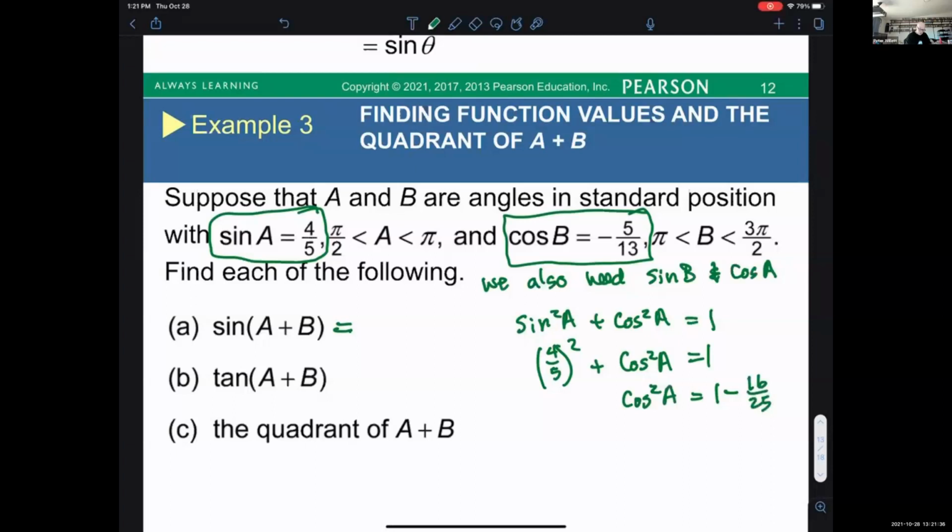And if I square root both sides, I'm going to get that cosine A is the positive or negative square root of 1 minus 16/25. 1 is 25/25. Minus 16 would give me 9/25. So cosine A is the positive or negative square root of 9/25, which is 3/5.